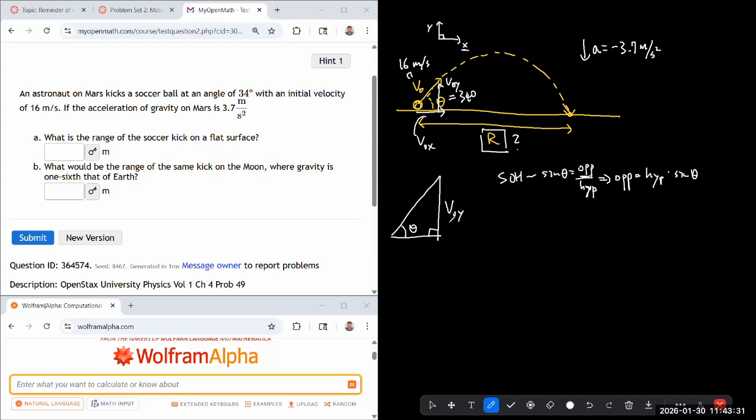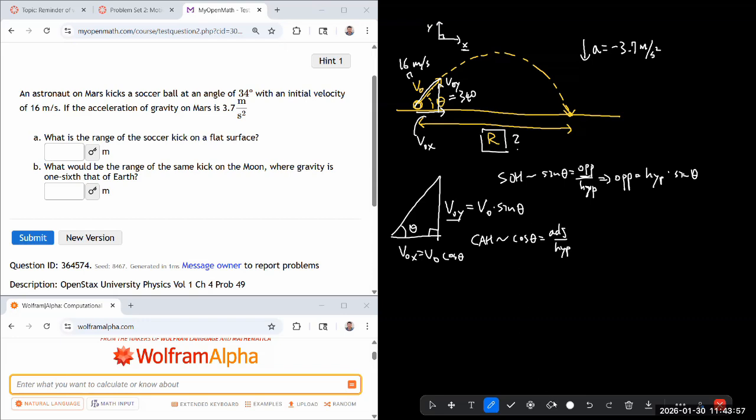So from that, you can say the y component of velocity is the magnitude, the hypotenuse, of the velocity times sine theta. And using similar reasoning, cosine of an angle is the adjacent over the hypotenuse. You can say the x component of velocity is v naught cosine theta.